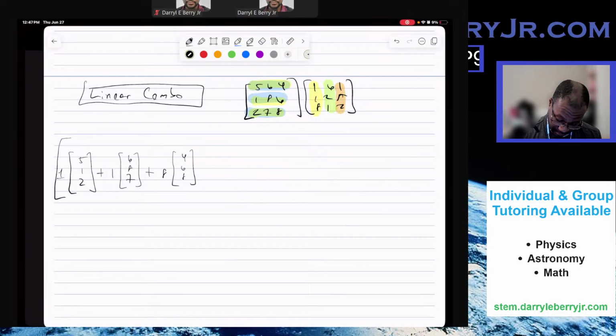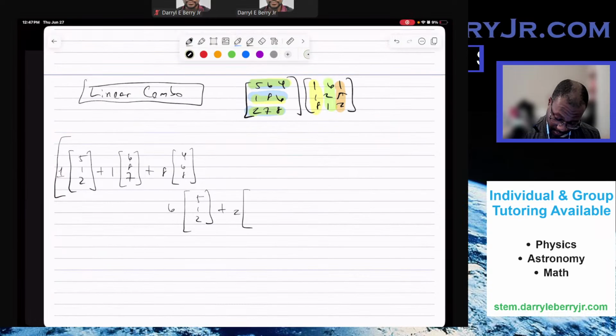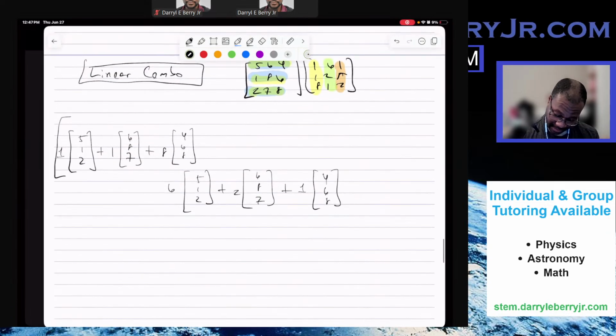And then 6, 5, 1, 2 plus 2, 6, 8, 7 plus 1, 4, 6, 8. And then the last column would be 1, 5, 1, 2 plus 5, 6, 8, 7 plus 2, 4, 6, 8.